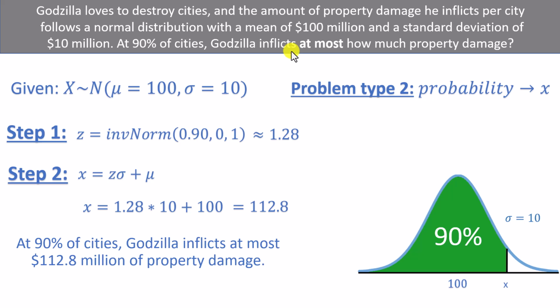Well, if they say only 10% of the time he inflicts more, they're describing the right tail. But you still would be using the 90% in your calculator because you always have to worry about the area to the left. My point is sometimes they're describing the area to the left, like in this problem, but in other cases they might be describing the area on the right, and then you'll have to use that complement idea. If they gave you the 10%, you'd actually still have to use the 90% in the function.